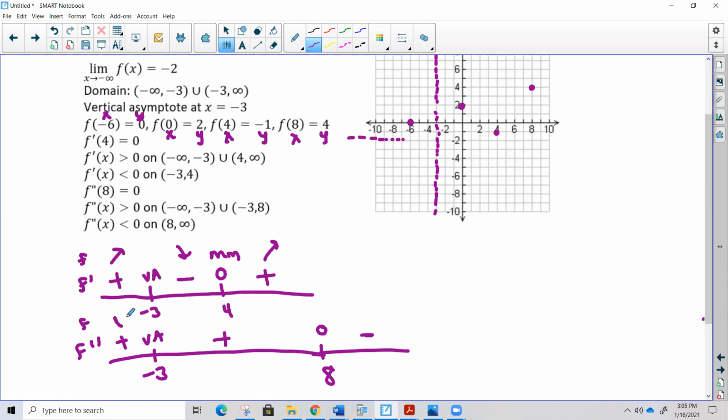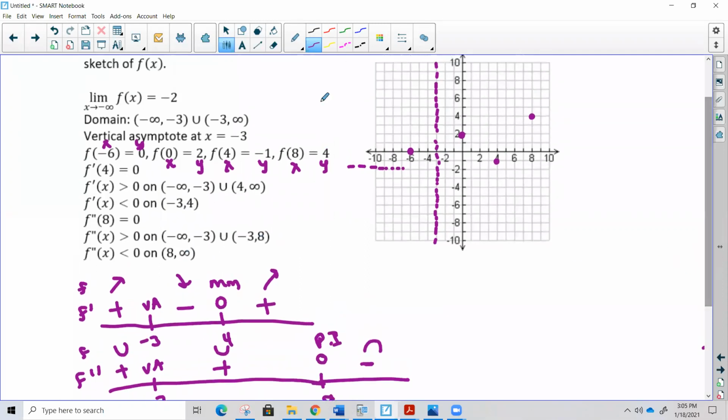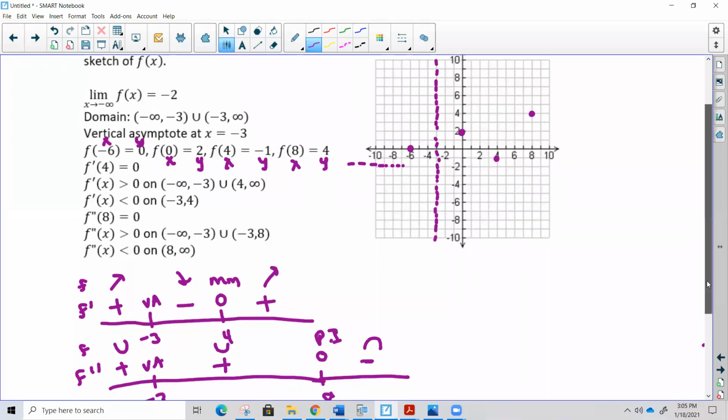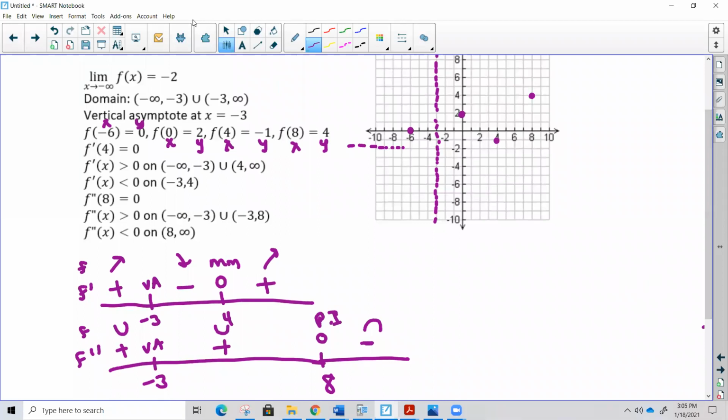If it's positive, it's concave up, and if the second derivative is negative, it's down. So my point of inflection is at 8. So then I have to follow this and connect what I know based on this. Okay, and I would start left to right.